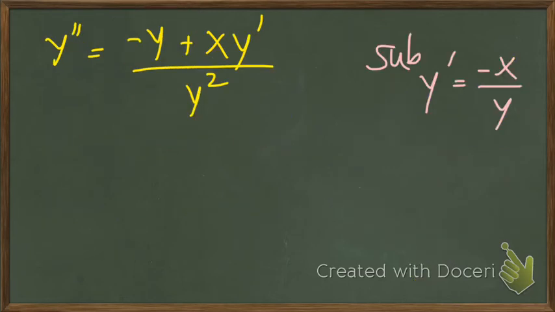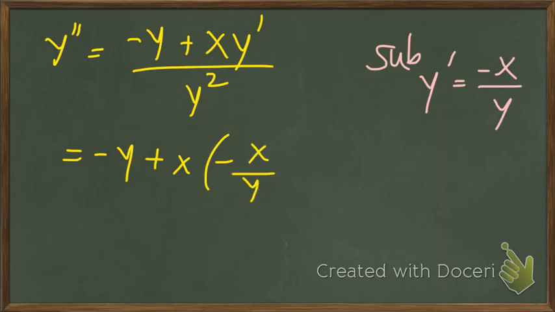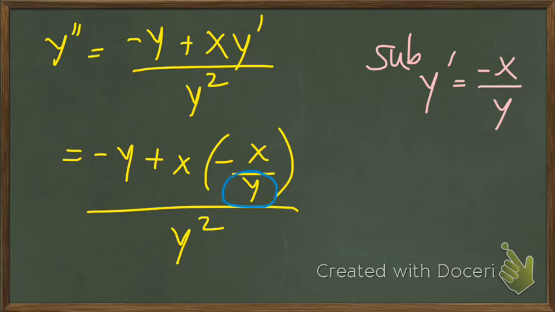Okay. When we do make that substitution, what we've got is negative y plus x times negative x over y all over y squared. But look out, that's a complex fraction, and we would simplify that complex fraction if we multiply both top and bottom by the LCD.